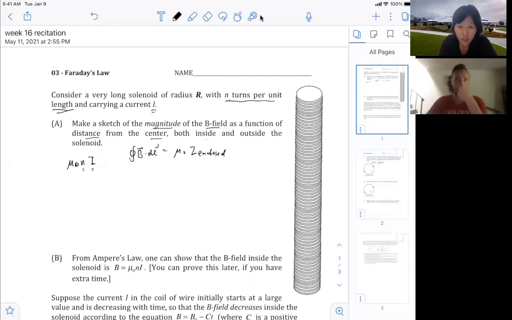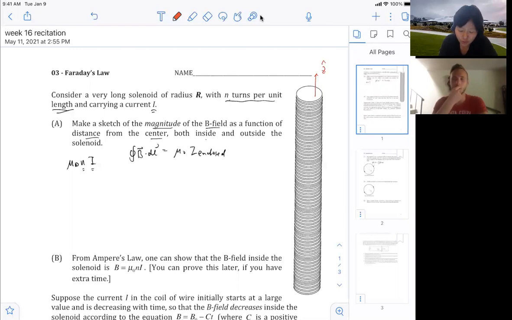So remember, what kind of Amperian loop did we choose? We choose one where your B field is symmetric all along your Amperian loop. So our B field, we talked about the direction of B field, and we said it's in the z direction inside.